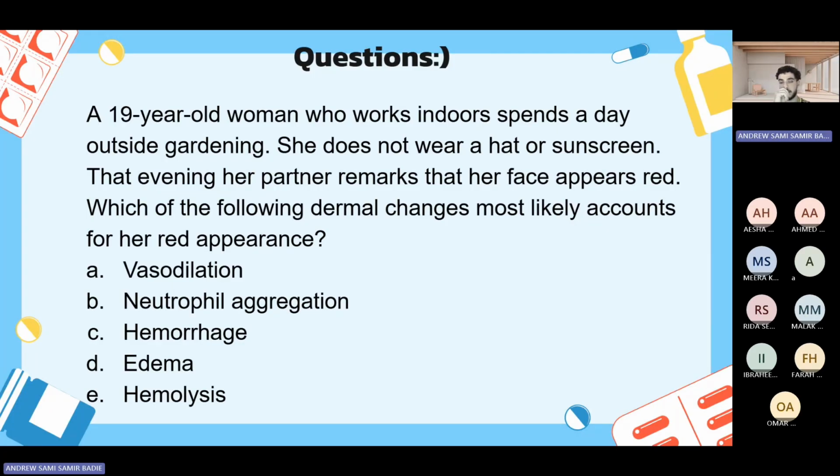If you remember the five cardinal signs, we had redness, hotness, swelling, and loss of function. This is the redness, and what we said causes the redness is vasodilation, or hyperemia, increased blood flow.